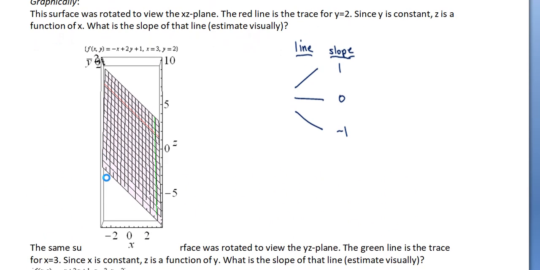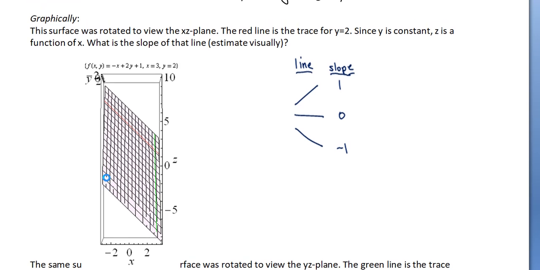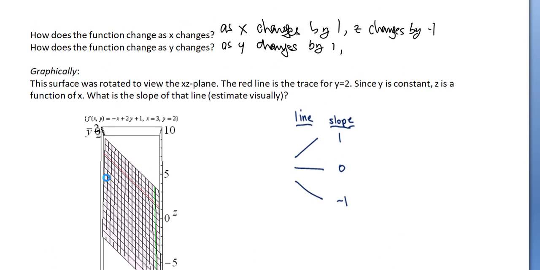the x-axis is on the horizontal axis, and the vertical axis is the z-axis. And if you notice, because we're looking at it from this perspective, the y-axis pretty much doesn't appear to us. Okay. So, having done that, so now we've got the red line, which represents a trace for y equals 2.